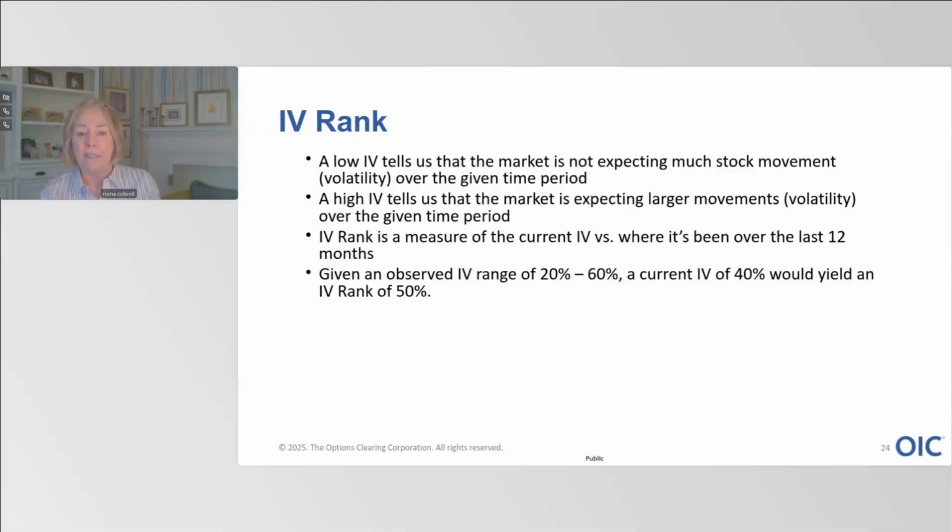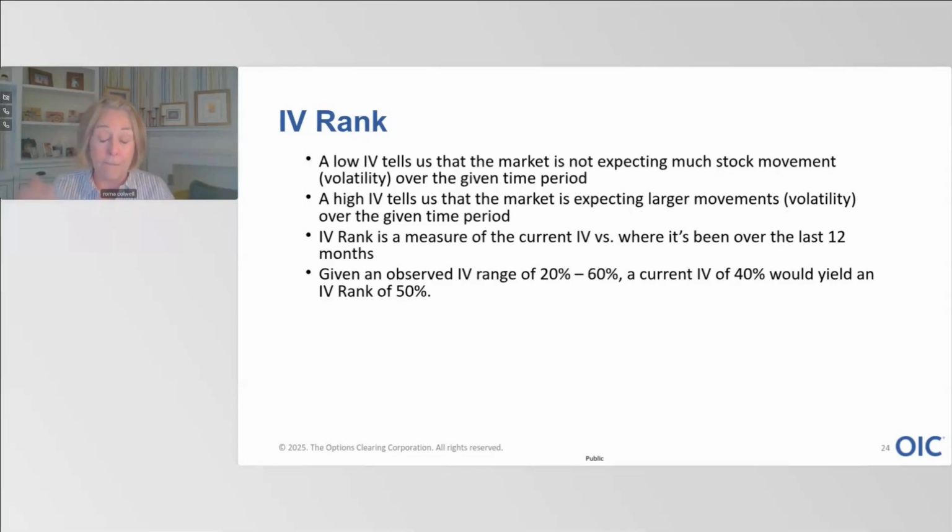So low volatility tells us that we've got a quiet market. High volatility tells us that we've seen lots of volatility, lots of fluctuation in the marketplace. Now, the implied volatility rank looks at current implied volatility versus historic volatility, right?